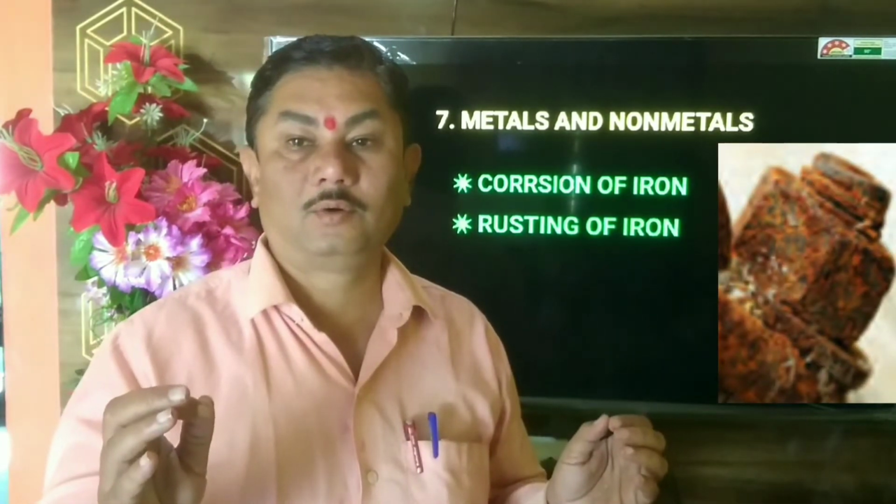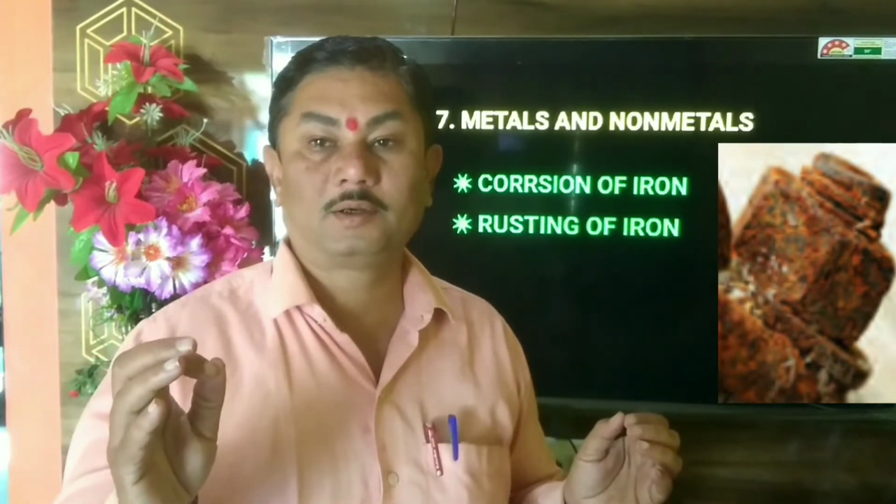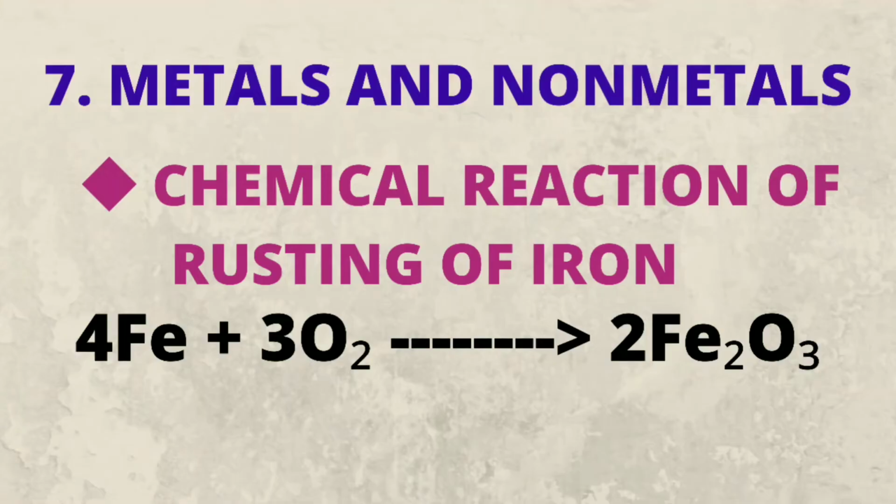Then how is iron rusted? How does iron get corroded? First, iron reacts with oxygen in air and iron oxide is formed. Its molecular formula is Fe2O3.